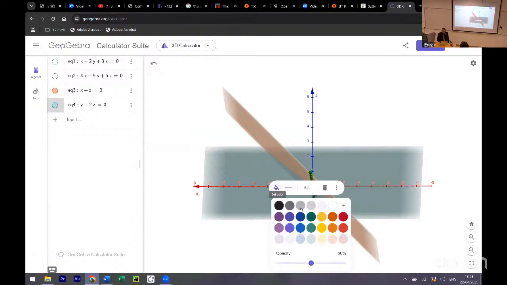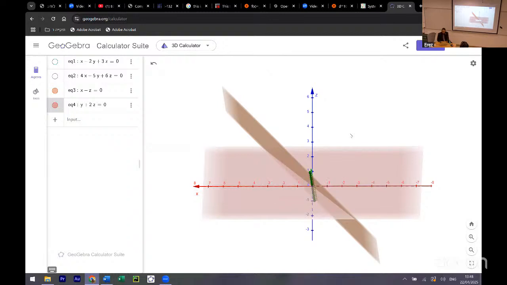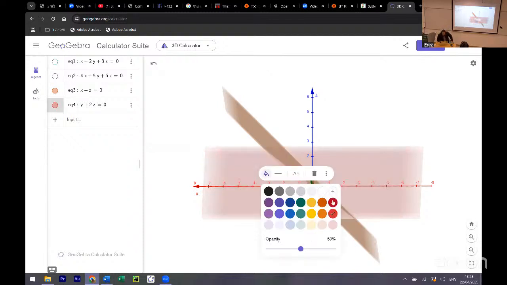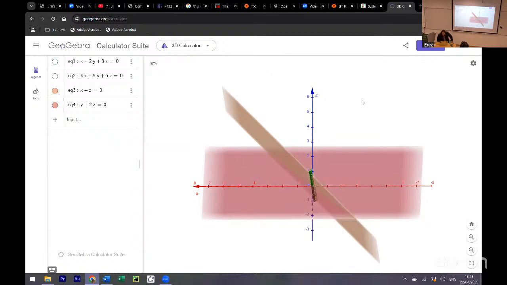And what do we see here? These are two different planes than the two that came before. I'll change the color, I think this is a bit better. So you have the intersection line here, right?